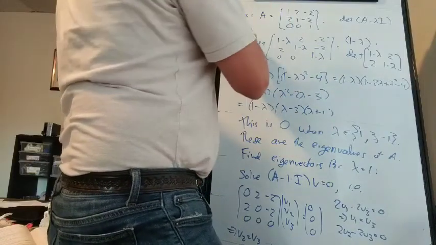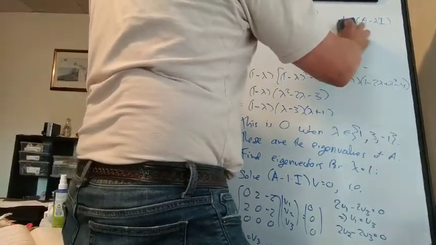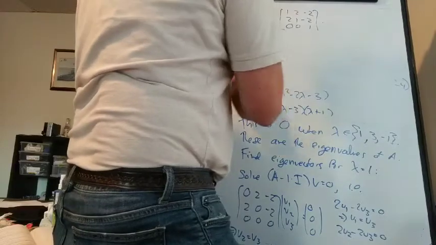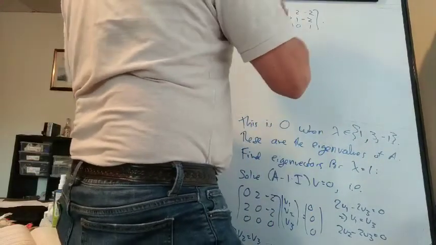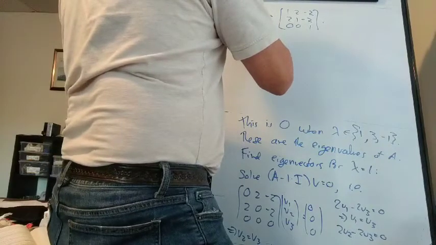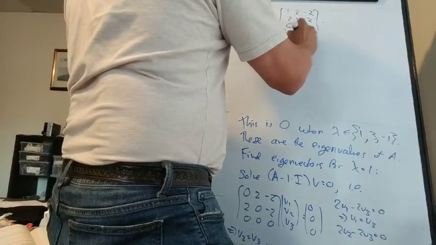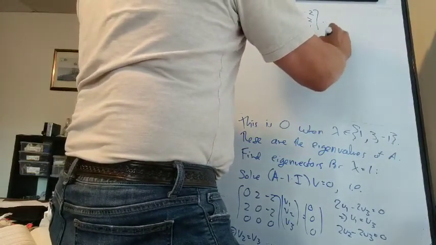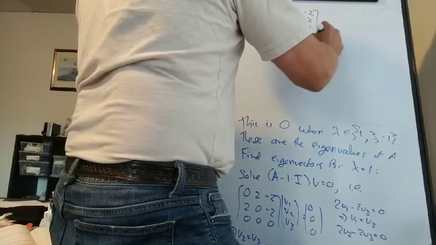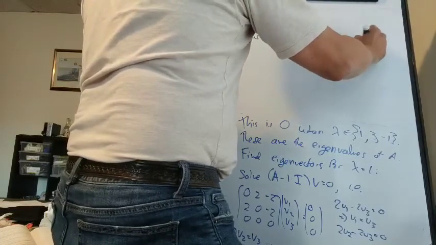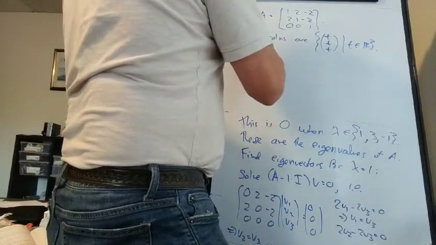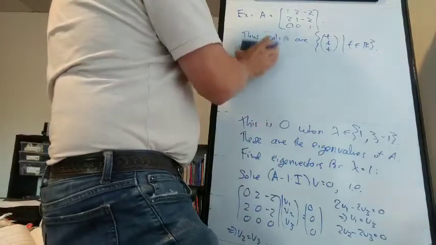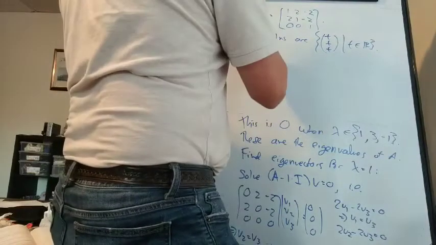Let me leave the matrix there. Therefore, the solutions are t, t, t, where t is a real number. So 1, 1, 1 is one eigenvector.